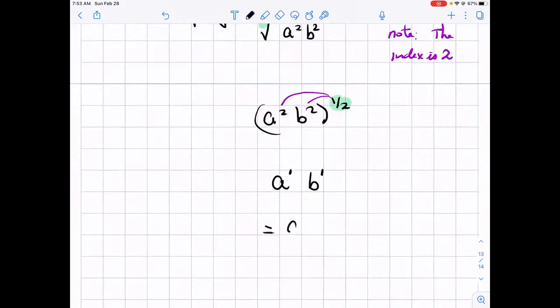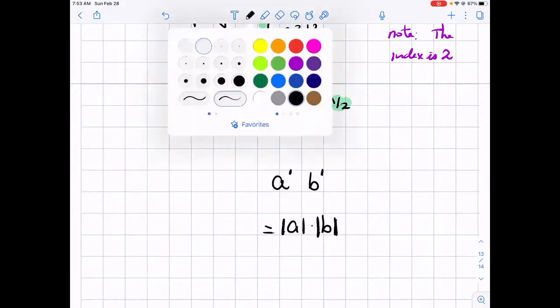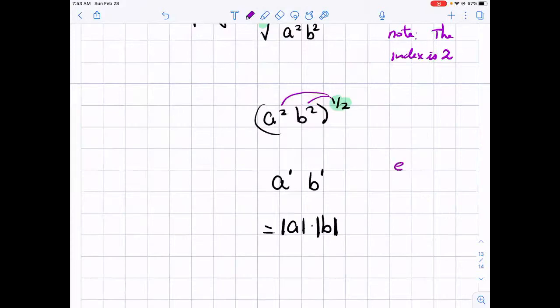But because it's an even root, we must make sure A and B are positive.